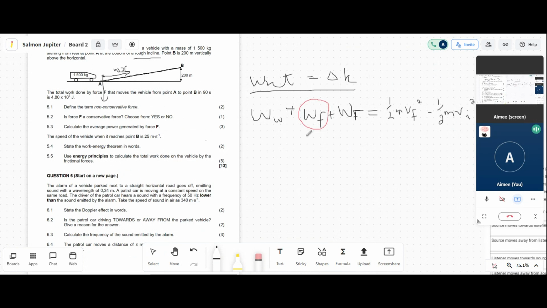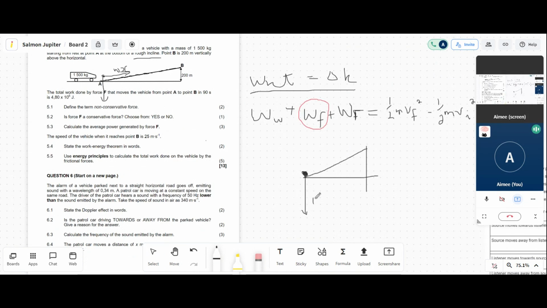Okay, so we do this by drawing our triangle. And you know that we're looking at weight. We're looking for the vertical or the horizontal component of weight.